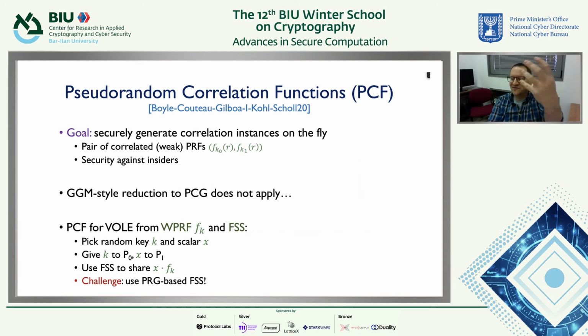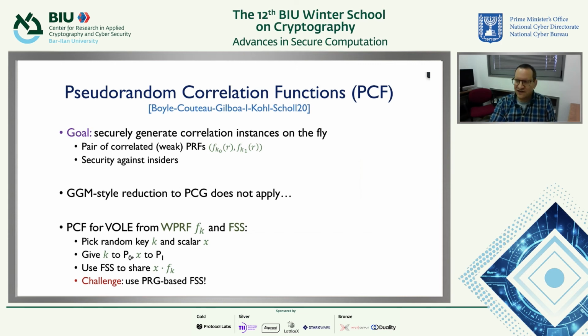You have a random function, which is a compressed way of expressing an exponentially long random vector, and a random scalar x of this function. So we give x to one party, we give the function f sub k to the other party, and we use FSS to secret share the product of x times f sub k between the two parties.